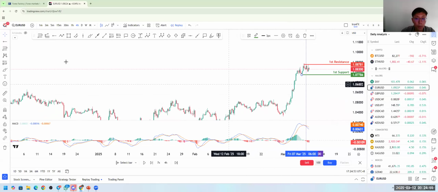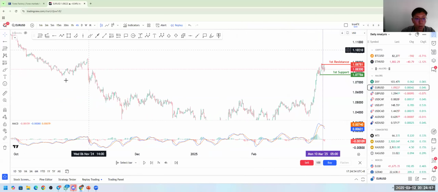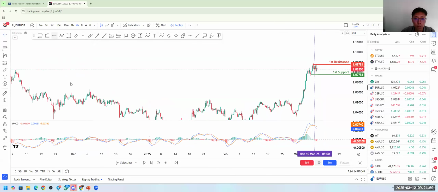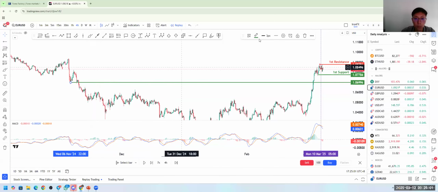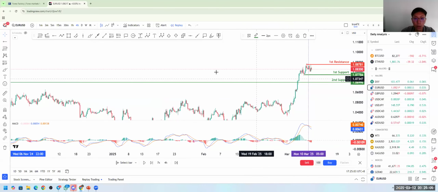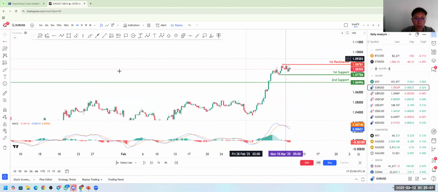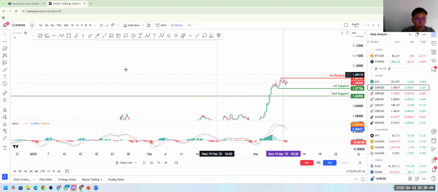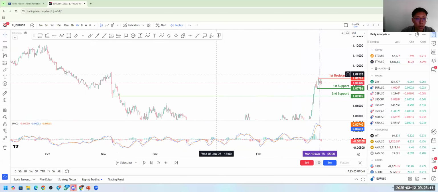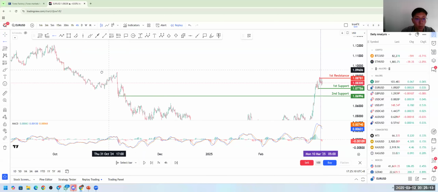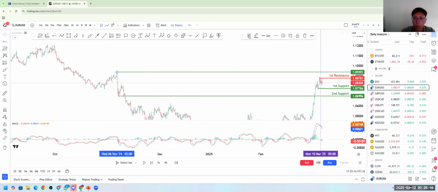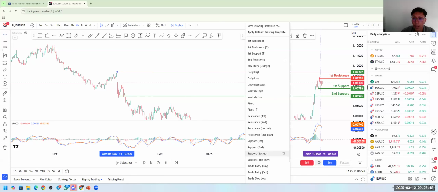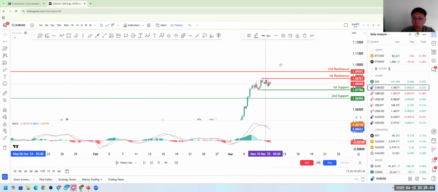And then you have your second support, and then your next resistance level is roughly about here. Okay, this is for EU.